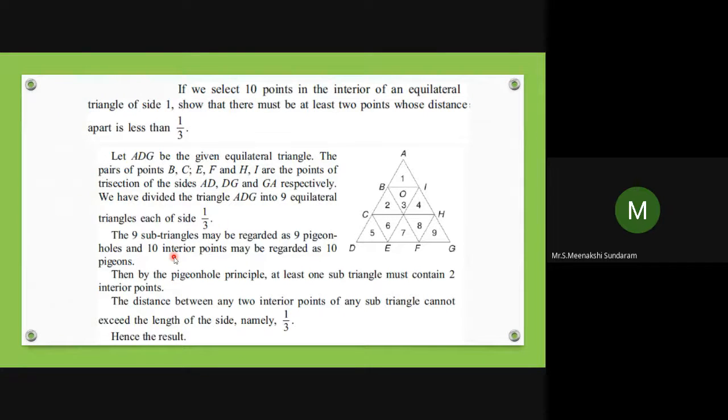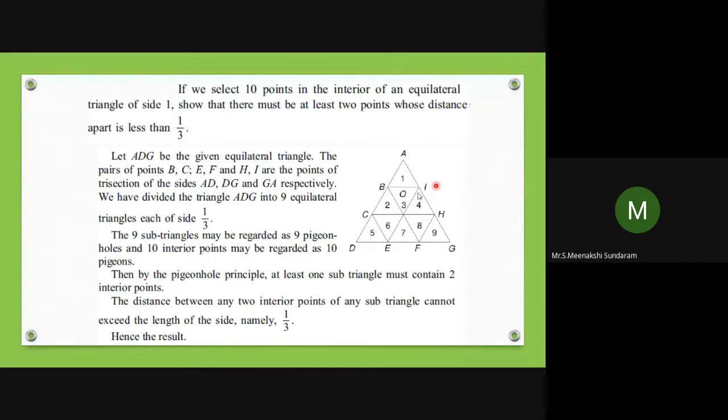The 9 sub-triangles may be regarded as 9 pigeonholes, and the pigeonholes should always be fewer than the pigeons, so that one or more pigeonholes hold more than one pigeon. The 10 interior points may be regarded as 10 pigeons.